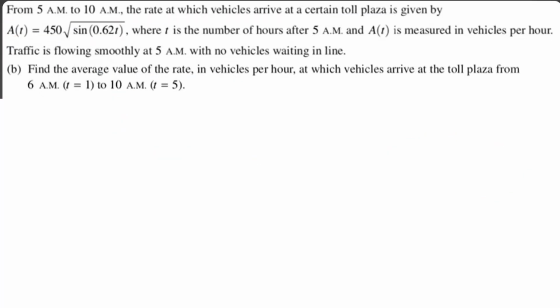Now question B says to find the average value of the rate. Before you go and read more, you should know the formula for the average value. Average value is 1 over b minus a, integral of f of x dx. This is the general formula to calculate the average value of anything. Here you have the timings given, from 1 till 5.